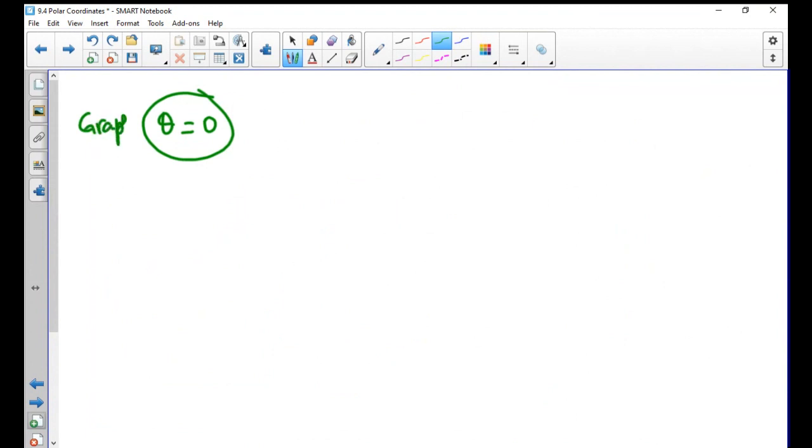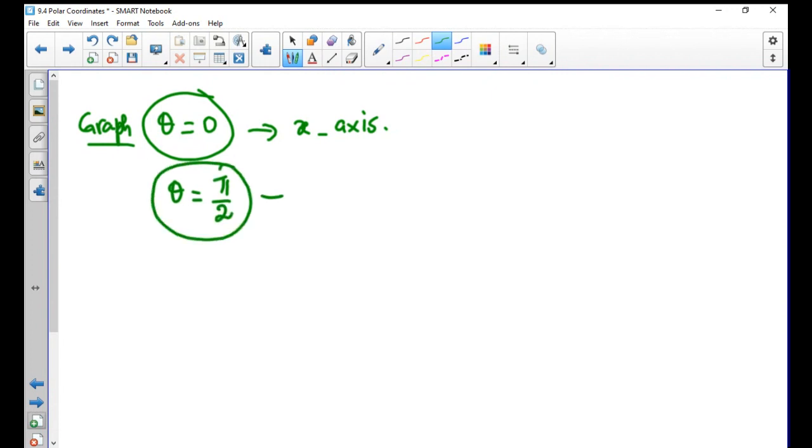What do you think this is? It's exactly the x-axis, yes. This equation describes exactly the x-axis. Every point on the x-axis has a theta equal to 0. If I say theta equal to pi over 2, this is exactly the y-axis, and so on.